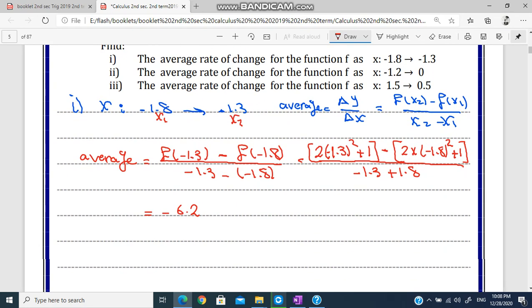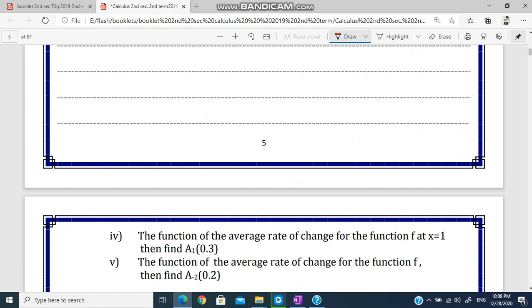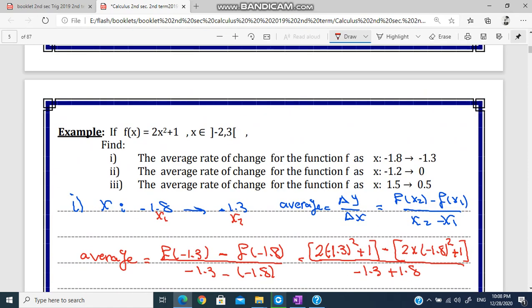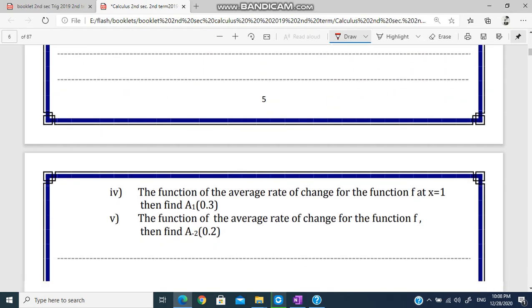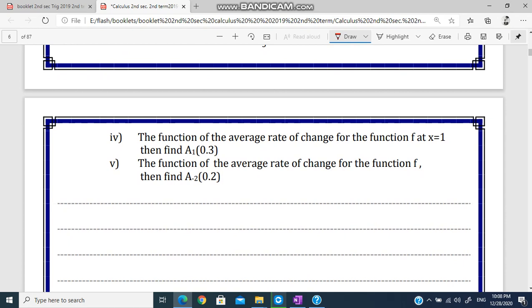Number 2 and number 3 are the same as number 1, but with changes in x1 and x2. The next one, we will write the function f of x equal 2x power 2 plus 1.